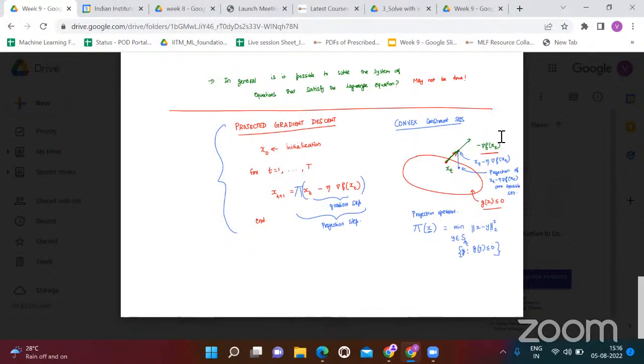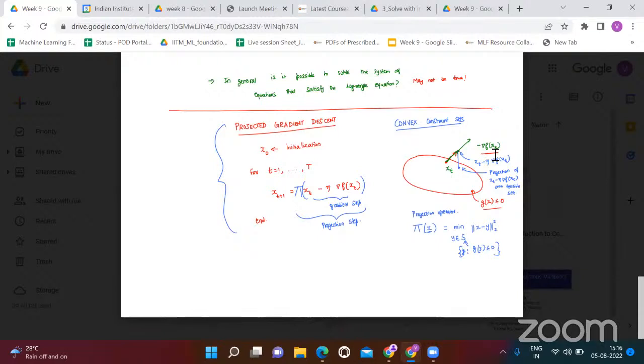If I'm getting out of the constraint set, it was just minimizing those values. So whichever value is very much closer to that constraint set, we were getting to that point, and from that point it was helping us to calculate the minima value.